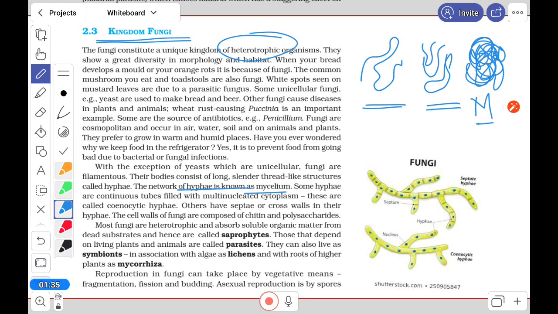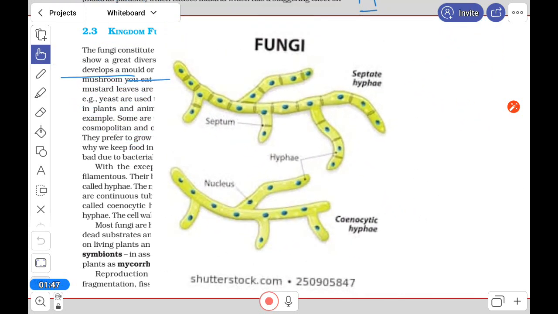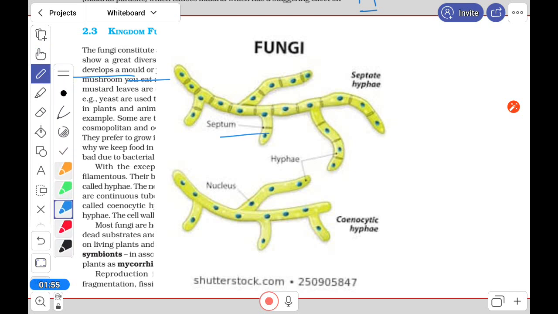Now, here there is a concept of coenocytic hyphae. Okay. So, let us take this diagram here. Look here, you can see this part, that here it is one hypha.